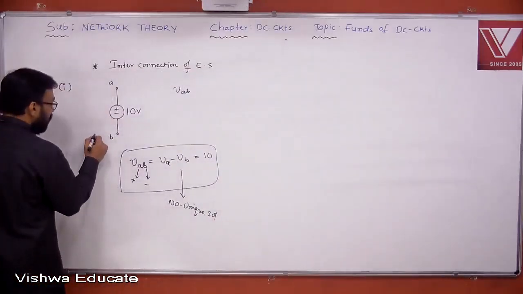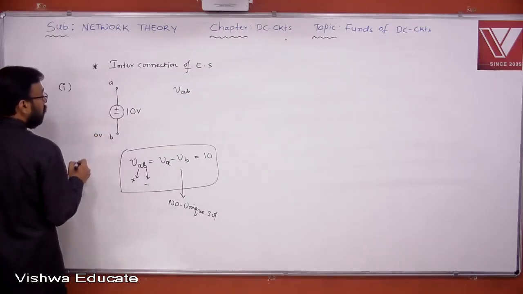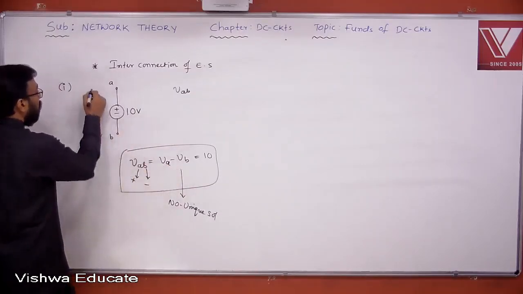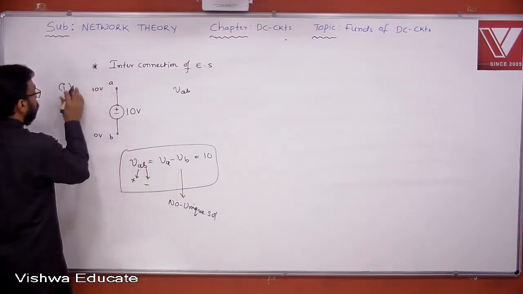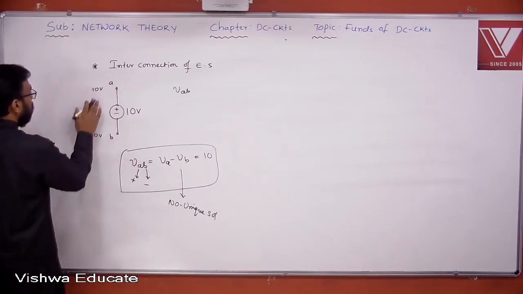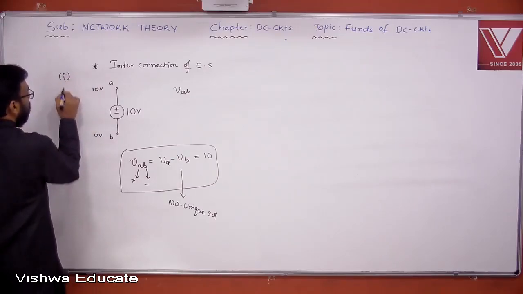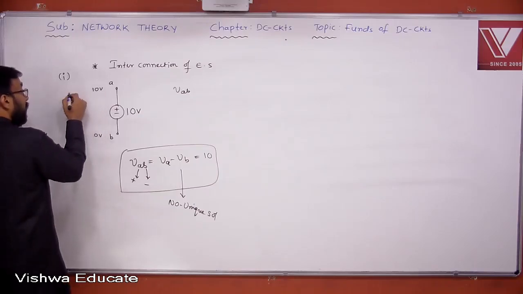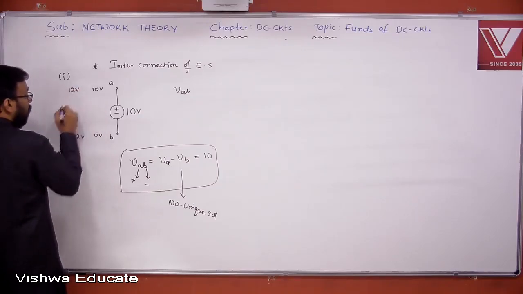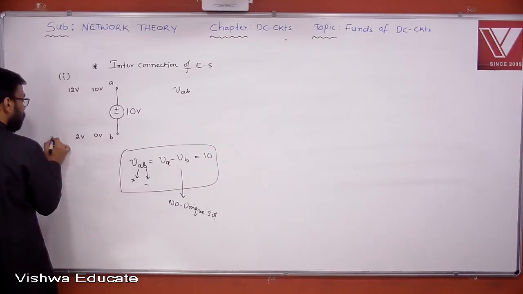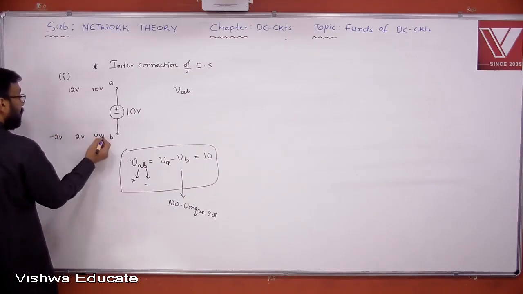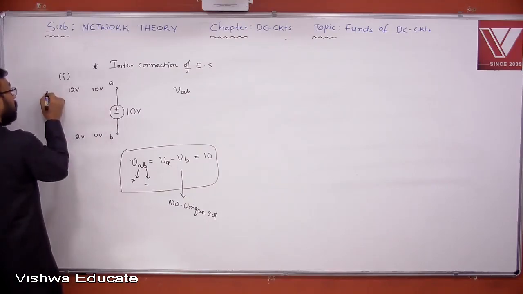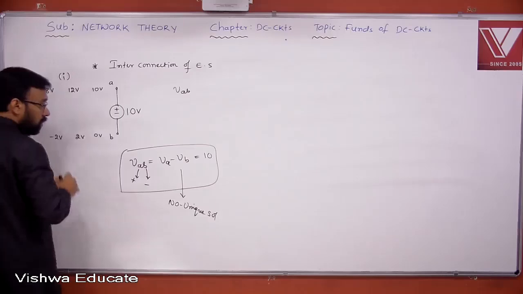If I assume this is 0, then this is going to be 10 volts. If I assume this is 2 volts, that means I'm increasing, so it will also increase: 12 volts. If I assume this is minus 2 volts, that means I'm decreasing, so this will also decrease: 8 volts.